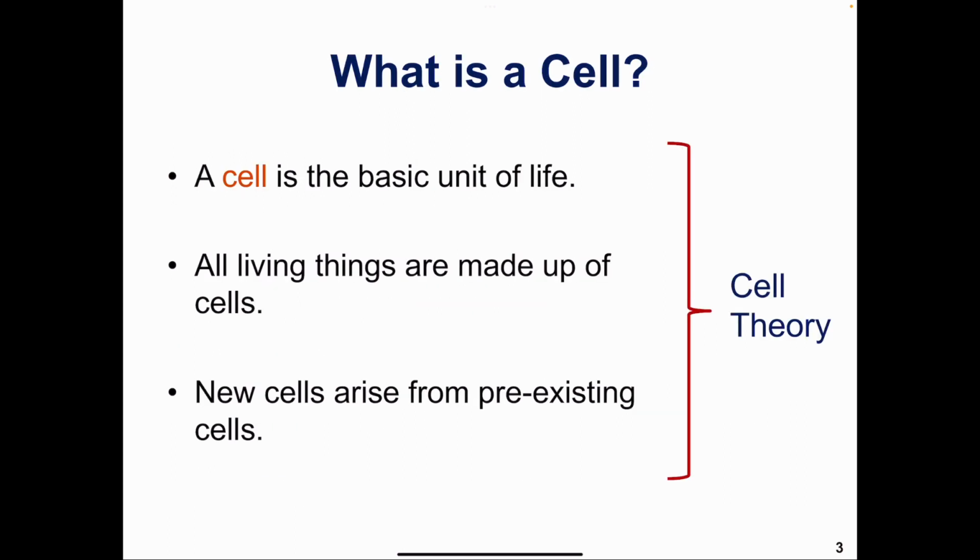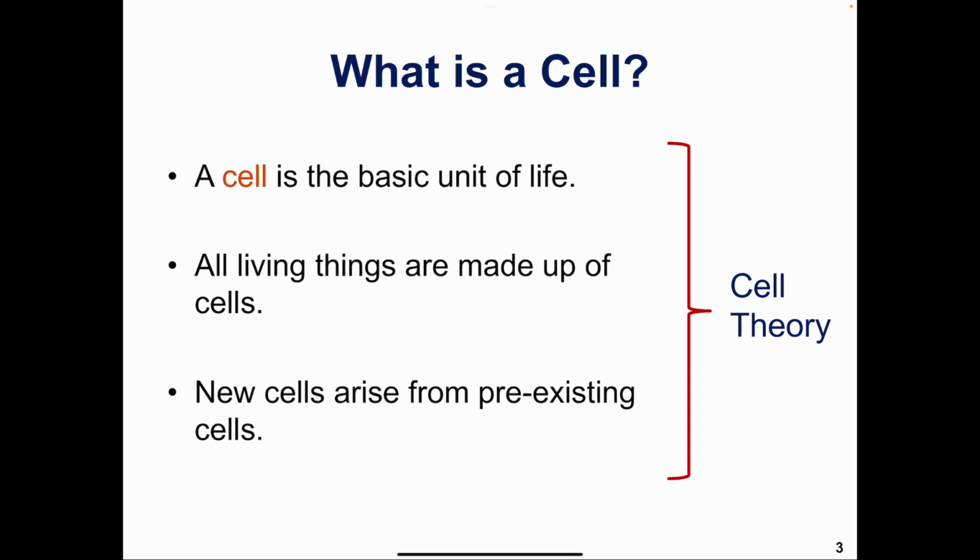Now, the first question: what is a cell? Note that a cell is defined as the basic unit of life, which means that the cell has all the characteristics of what makes life.